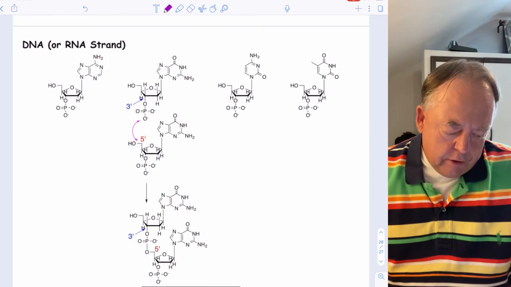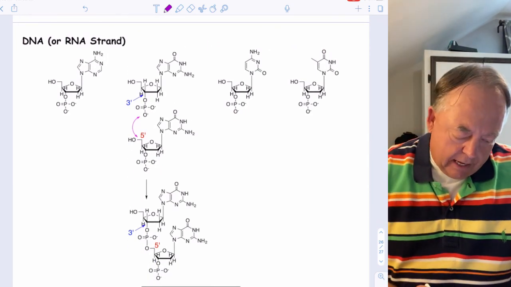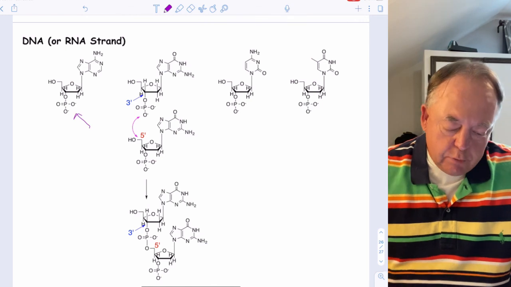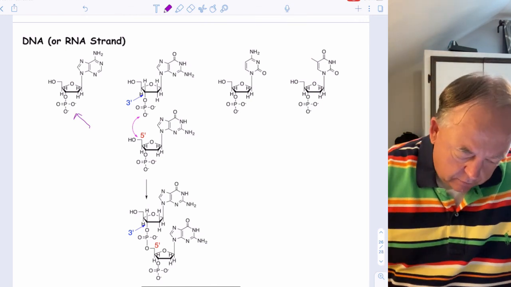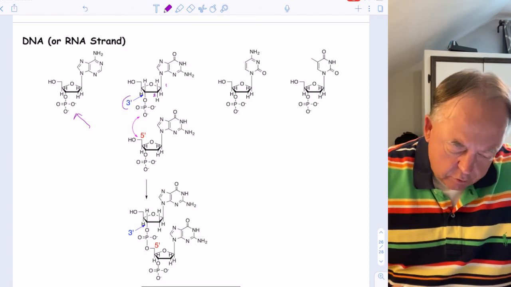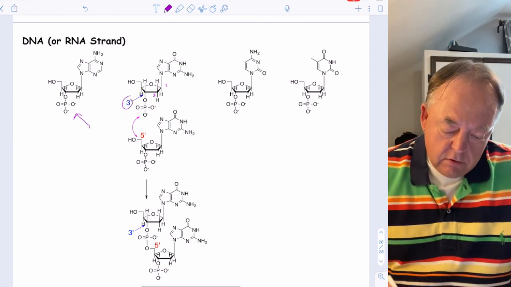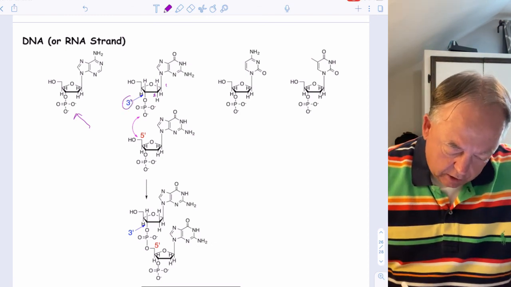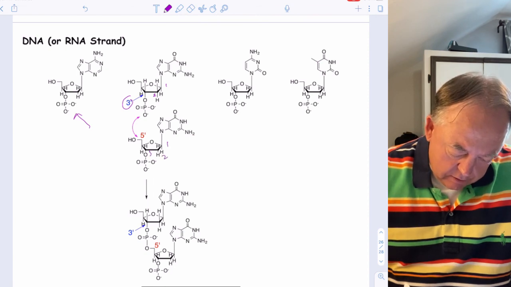Or for growing the RNA and DNA strand, then what would happen is you phosphorylate at this position instead. And so this would be carbon 1, carbon 2, and that's carbon 3 of that sugar. And for this sugar, carbon 1, 2, 3, 4, and that would be carbon 5.